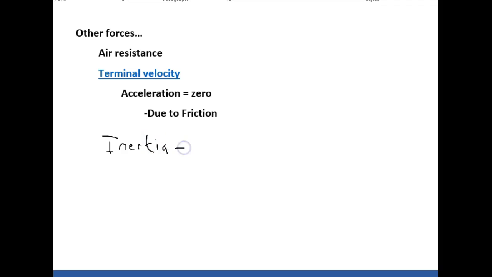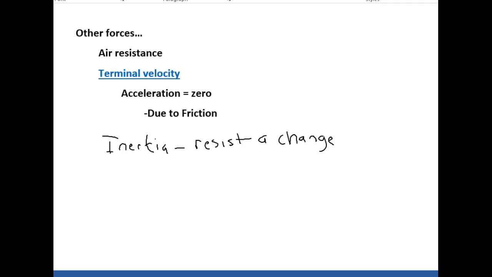Inertia is just that tendency to resist a change in motion. Like if you're riding in the car and you go around a turn, your body tends to keep going the same way you were going, and you kind of lean. That's inertia. It's just something that occurs to all objects in motion.